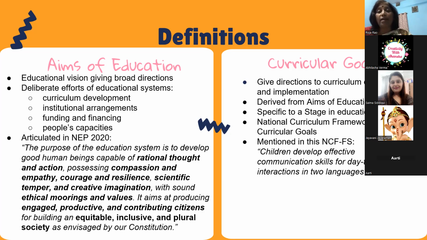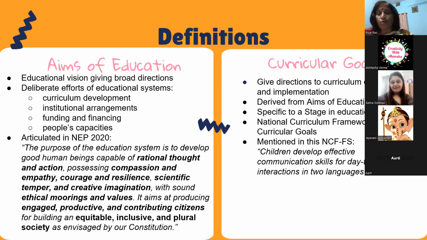Now, what exactly does NEP say? NEP says that the purpose of the education system is to develop good human beings capable of rational thought and action, possessing compassion and empathy, courage and resilience, scientific temper and creative imagination, with sound ethical moorings and values.